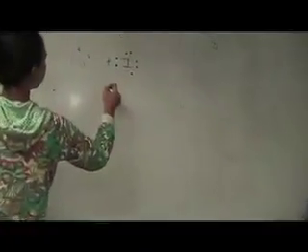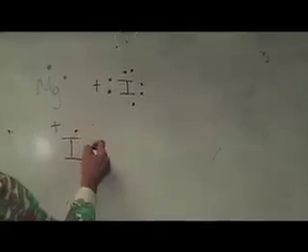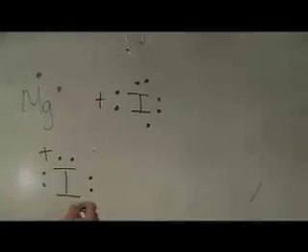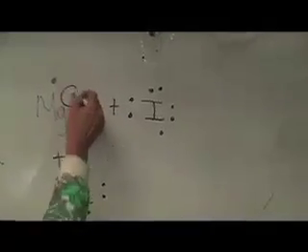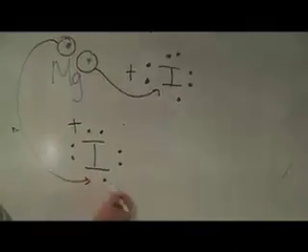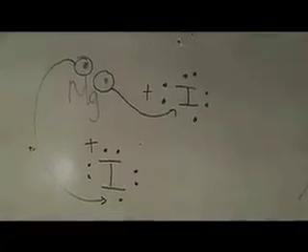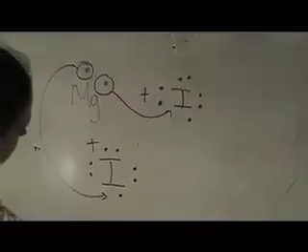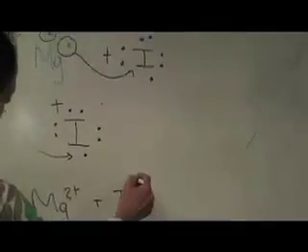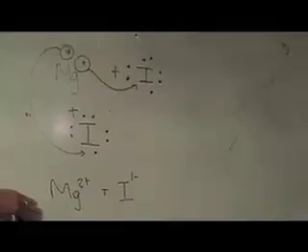And then we write another plus over here, iodine. And then we draw our transfer. 1 comes over here, 1 comes down here. And then to write it as a formula. Now, this is where you can start learning how to do this without the Skittles.